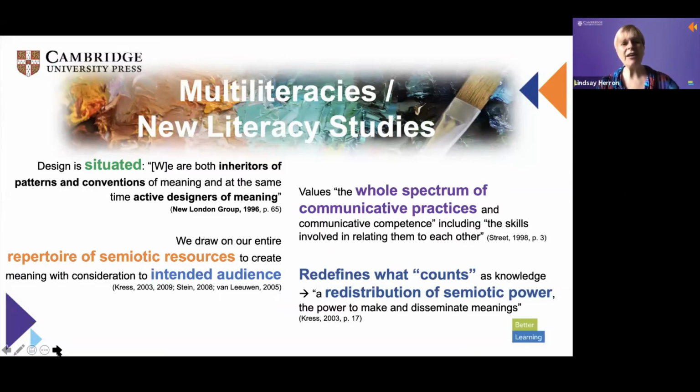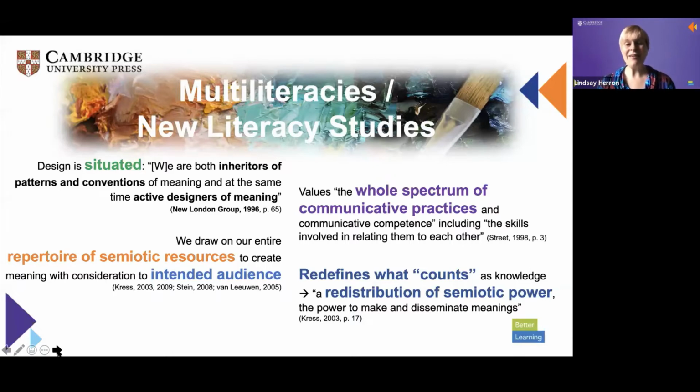It means that we can draw on our entire repertoire of semiotic resources to create meaning with consideration to an intended audience. This is communicating across difference, perspective taking. I have to understand who my audience is and what they understand in order for me to create the meaning I want to them.